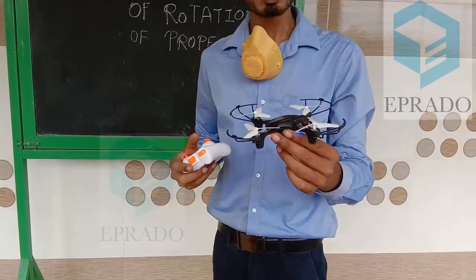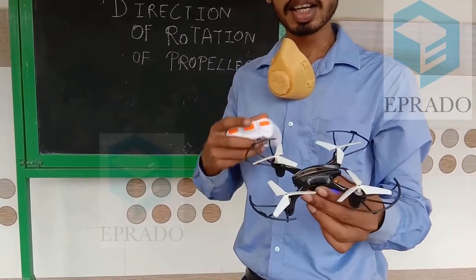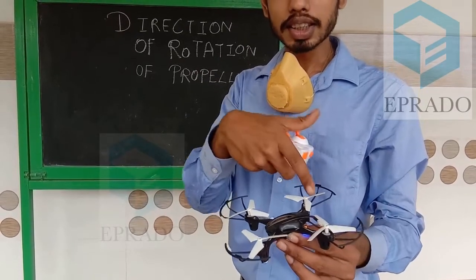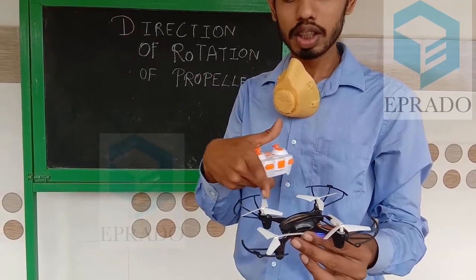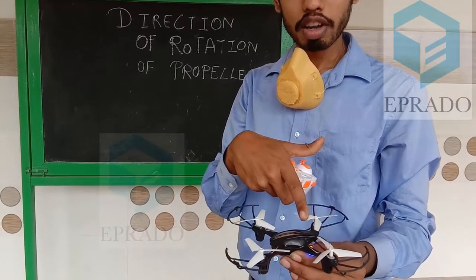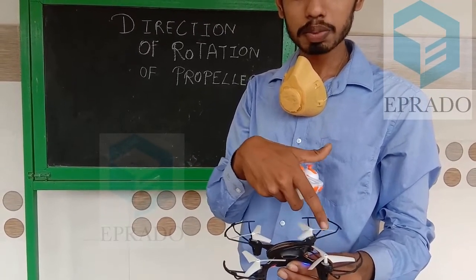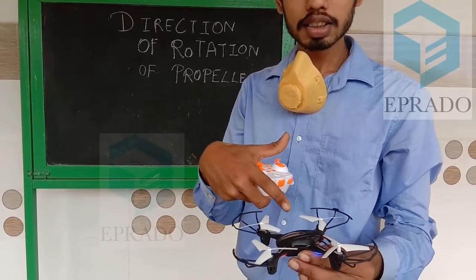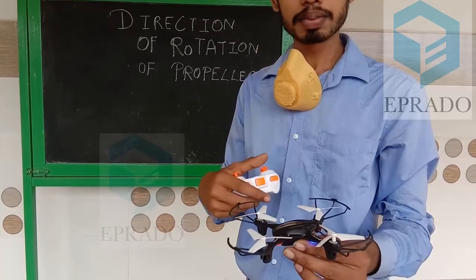Why do we have a difference in direction between adjacent propellers? These are the adjacent propellers to this propeller. If we compare the rotation of this propeller with these two propellers, the direction is opposite.